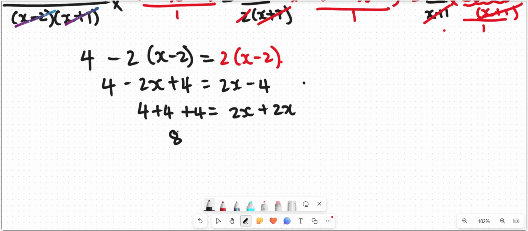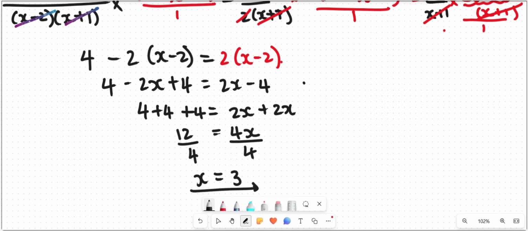Then this gives me not an 8, sorry, a 12. And this gives me a 4. And if you divide by 4 on both sides, x is actually equal to 3. And there we go. Very easy, very digestible.